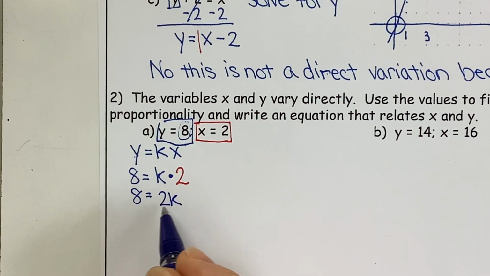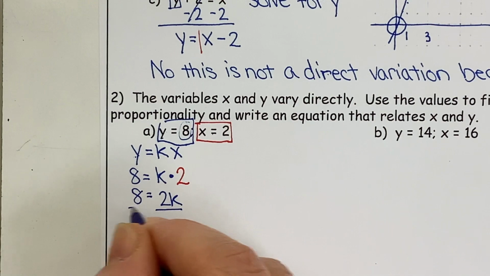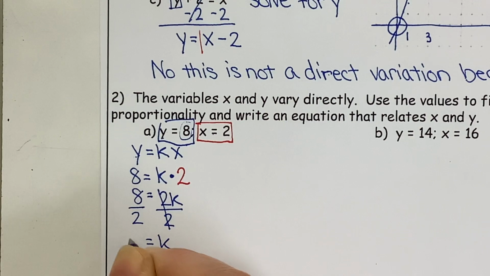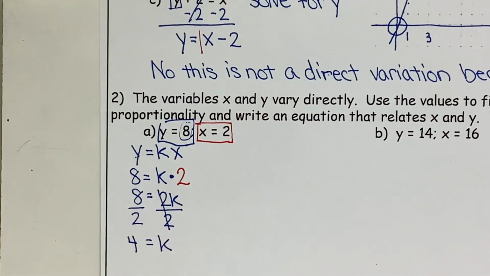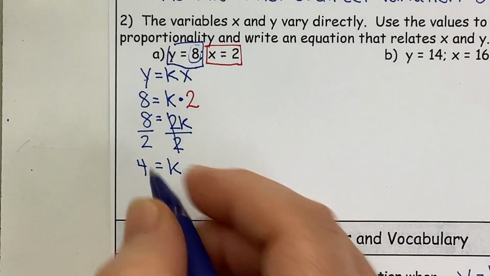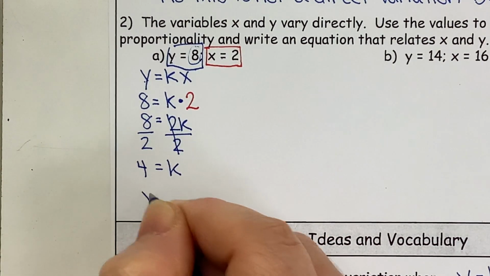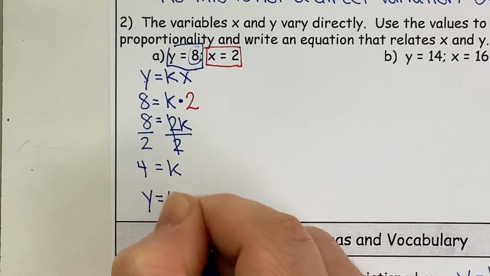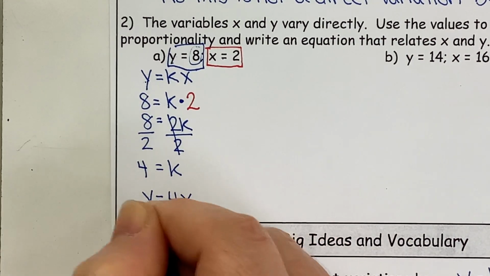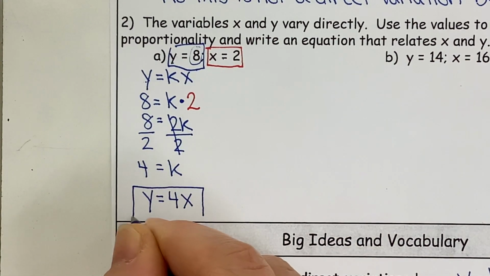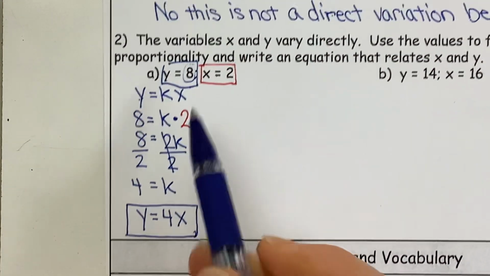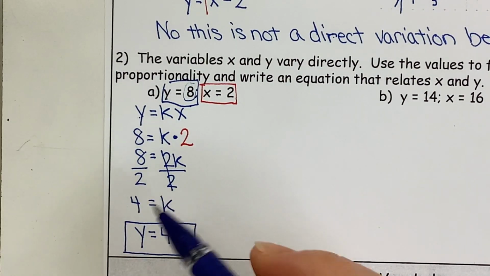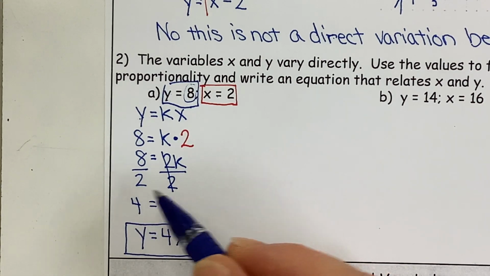But I want to solve for my k, so I need to divide both sides by that 2, and we're able to solve for k, and k equals 4. Now, you need to finish this and actually write the equation. So we're going to write y equals k, but we now know our k value, it's 4, times our x, or just y equals 4x. So this is the equation for these points that vary directly. We also found our constant of proportionality, which is k equals 4.